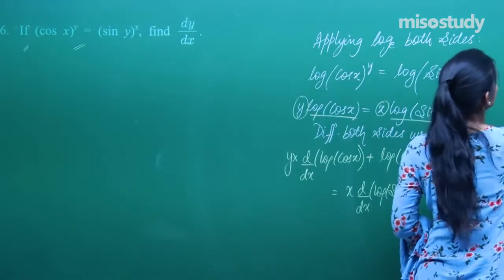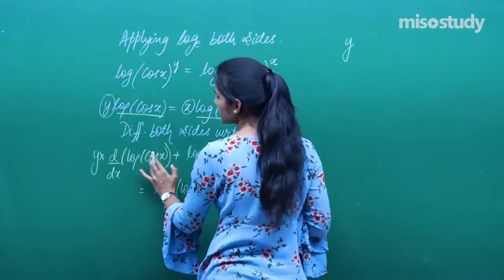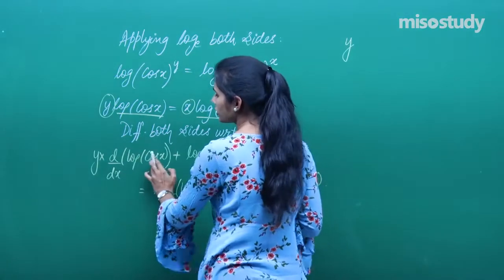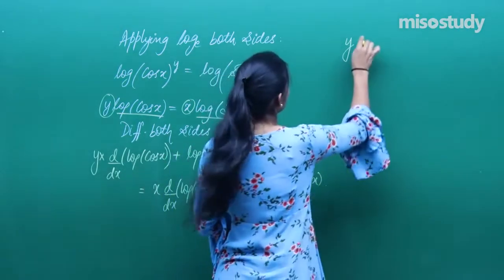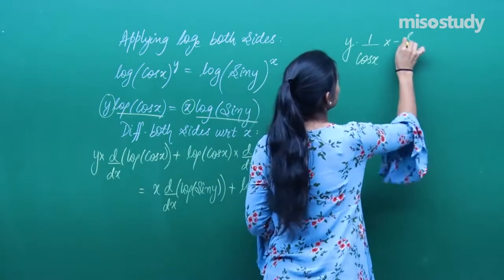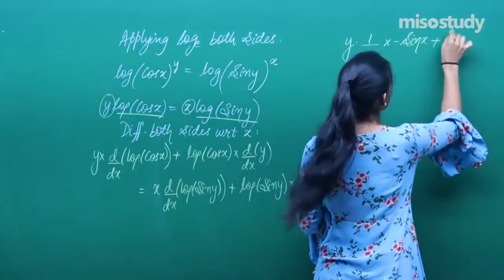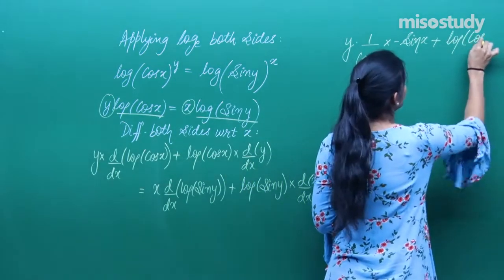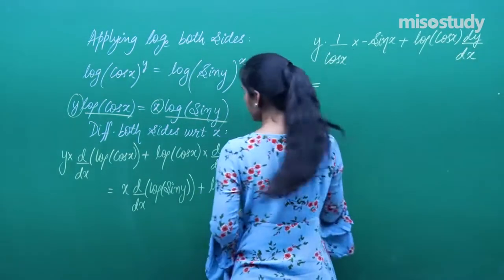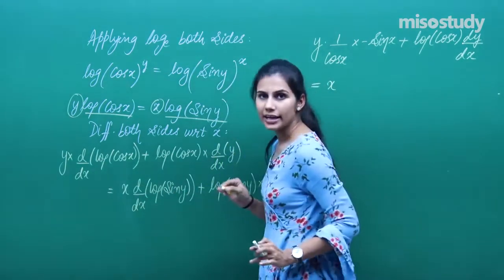So what do you get? y d by dx of log cos x. Log cos x is first a function of cos x, then cos x is a function of x. So first differentiate log cos x with respect to cos x, which is 1 by cos x, and then multiplied by differentiation of cos x, which is minus sin x, plus log cos x into d by dx of y, that is dy by dx, equal to x d by dx of log sin y.